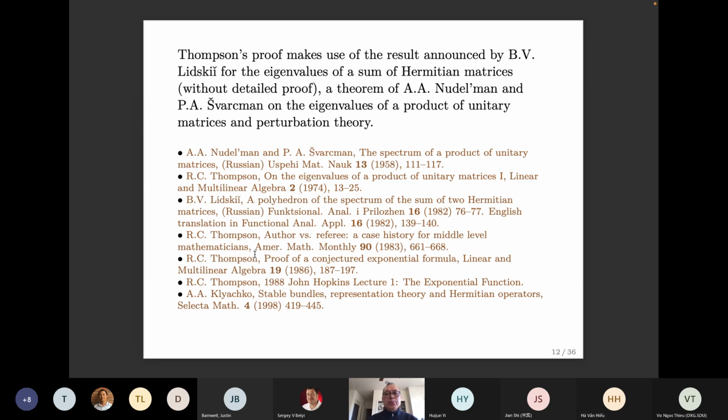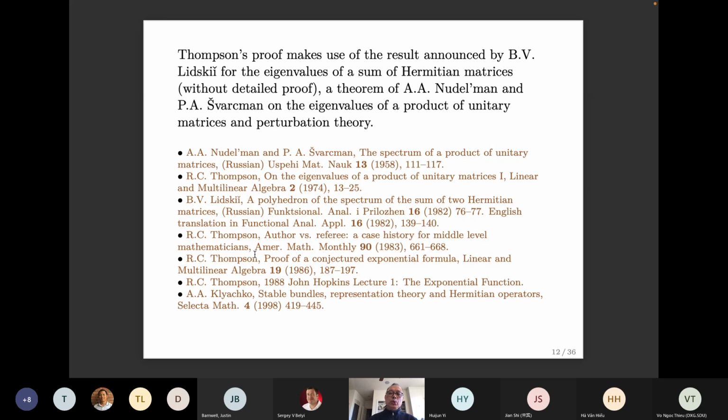Well, as I mentioned, Thompson's proof made use of a very nice result announced by Lidskii for the eigenvalues of the sum of Hermitian matrices. However, in his very short paper, maybe 1 or 2 pages, there was no proof in this Russian's mathematical paper. Lidskii is a famous mathematician, but seems like more than 30, 40 years ago, they liked to publish announcements without too much detail.